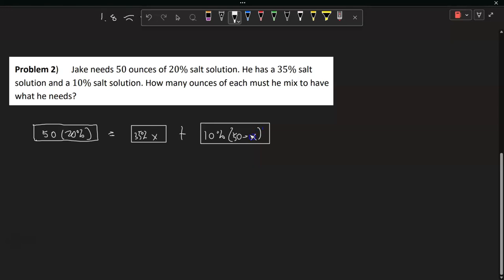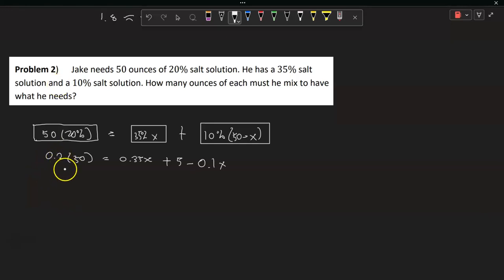Translating this into algebra, we get 0.2 of 50 equals 0.35X plus, what's 10% of 50? That is just 5, right? So we get 5 minus 0.1X. By the way, we need to simplify first.